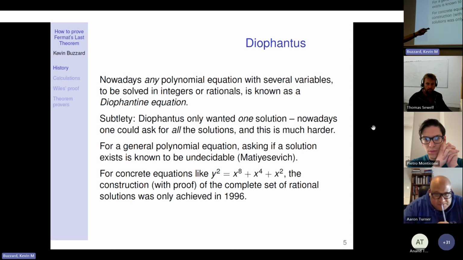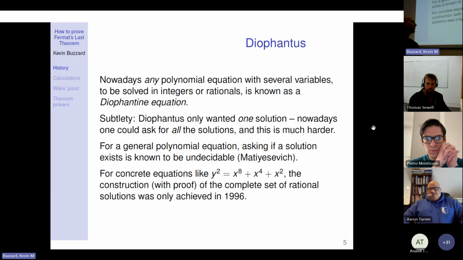But that there's no algorithm which will do all equations doesn't mean we can't still take one equation and try to solve it. Diophantus just asked for one solution, but you could ask for all solutions to that equation. In fact, I think there aren't any more, apart from negative ones and things like that. But in positive rationals, Diophantus has the only one, and that was only proved in 1996.